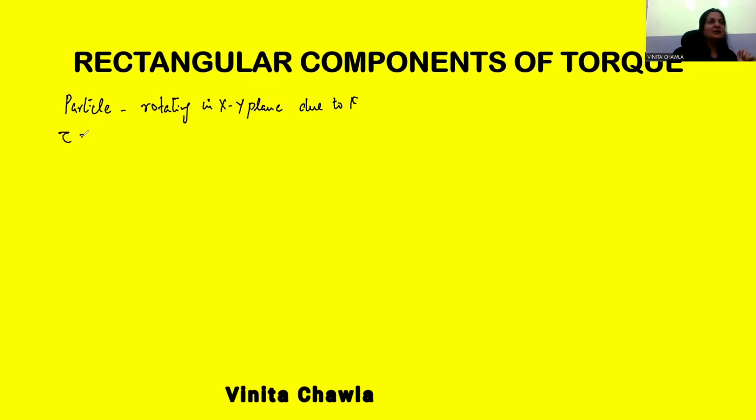Because torque is the vector product of R and F. If R and F are in the XY plane, then torque will act along the Z axis, perpendicular to both R and F. So if the particle is rotating in the XY plane, then torque will act along the Z axis. Because torque acts along the Z axis, the X component of torque is 0 and the Y component of torque is also 0. So we have no X and Y component of torque. Clear?